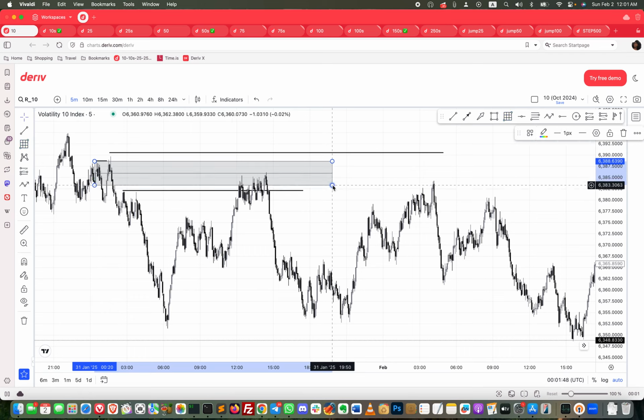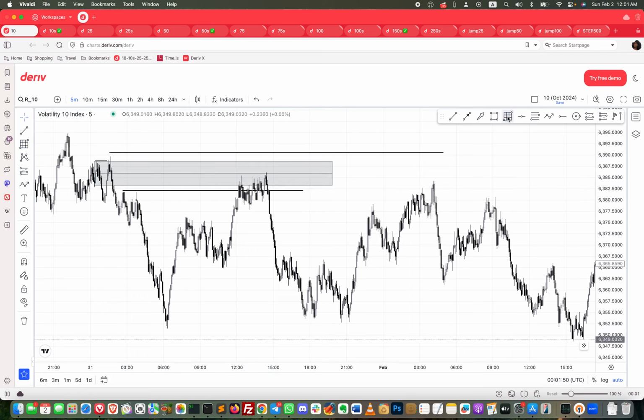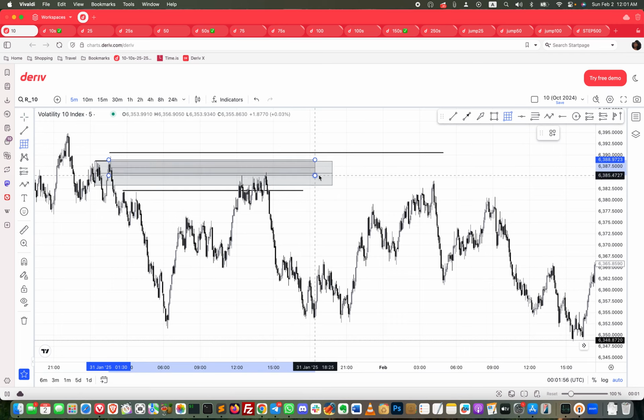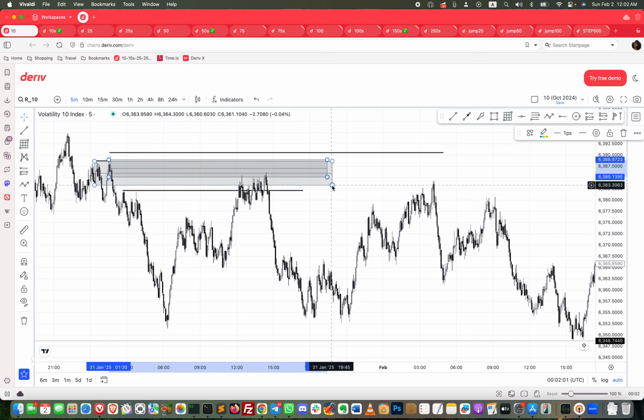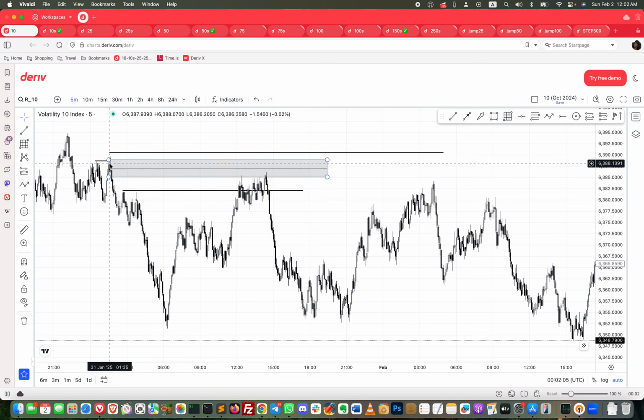So this is your POI, and if you want to be more precise, you can take even this supply last candle, right? Supply one is even better. Let's keep the supply one. The supply is this last candle before it broke.